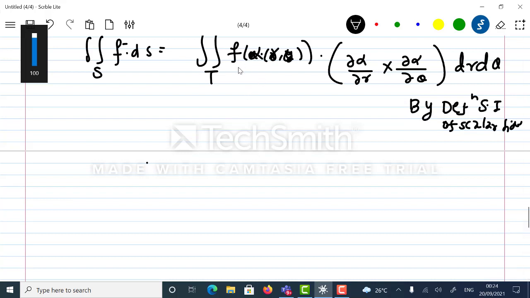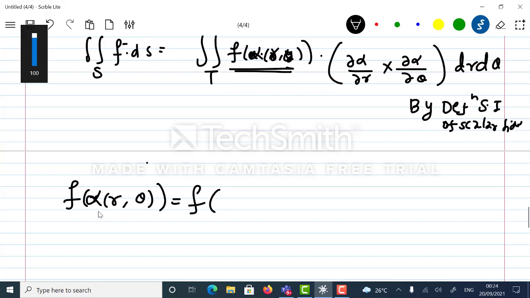Now what is f of alpha of r, theta? That I can also calculate. f of alpha of r, theta is f of r cos theta, r sin theta, and z is r. So this is my x, this is my y, this is my z.